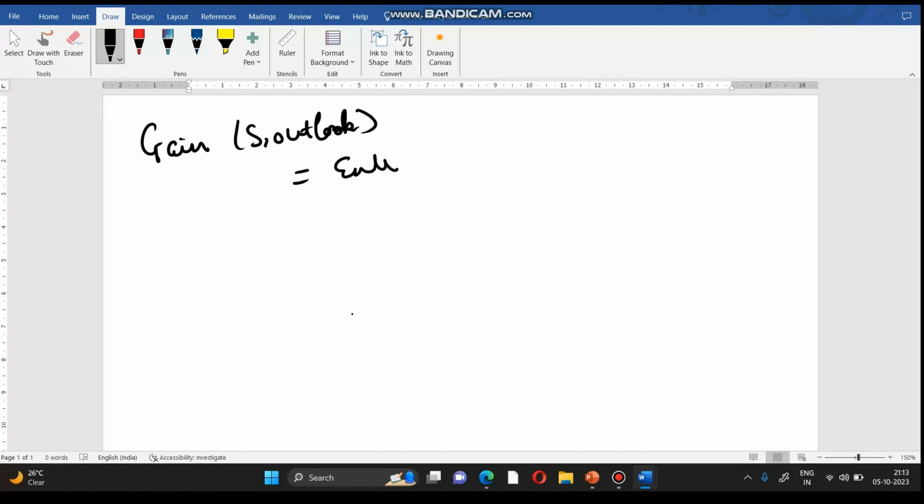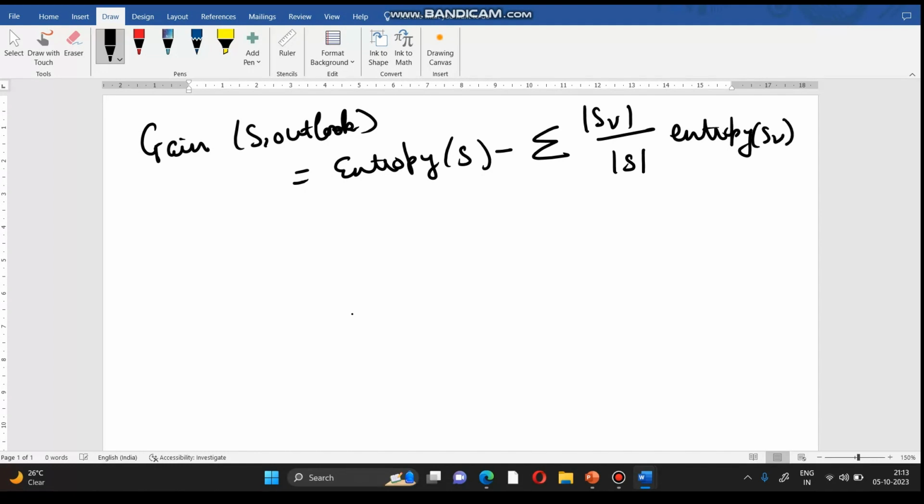So what is the formula? We know it is the entropy of S minus the sum over values v of |Sv|/|S| times the entropy of Sv, where v belongs to sunny, overcast and rain.